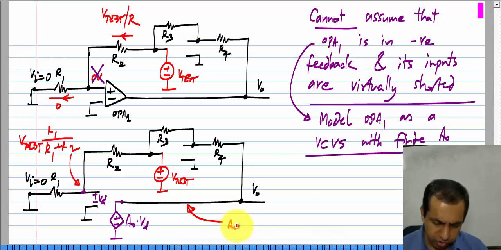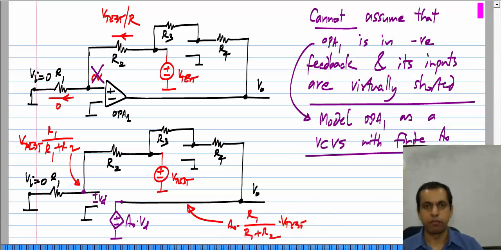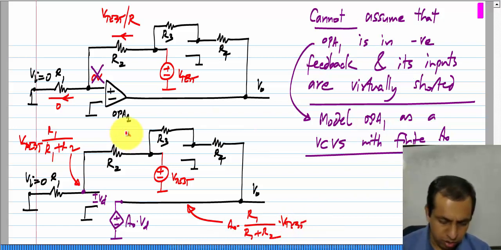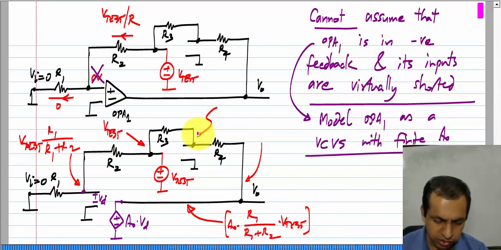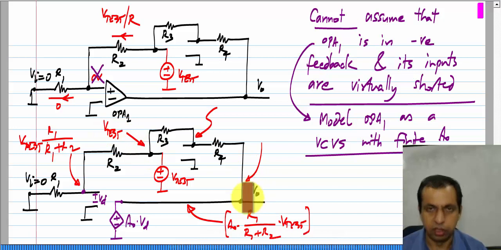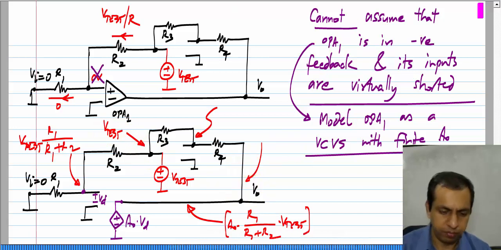So, it is A naught R1 by R1 plus R2 times V test. Now, at this point we have V test, at that point we have this voltage, and this can be calculated as a linear combination of this voltage and that voltage. Okay.